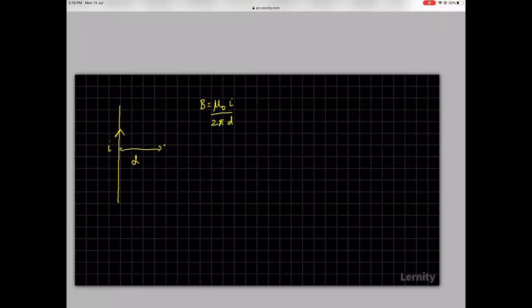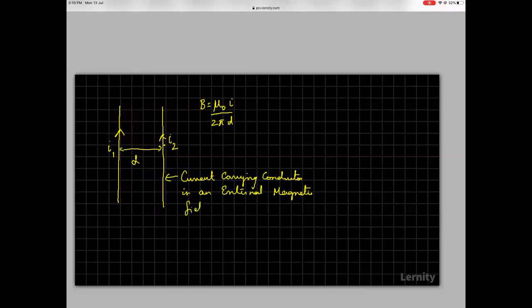Do you agree? We'll call this I1. Now, suppose there is another wire here which is also carrying a current. Let's call this I2. Now, this is a current carrying conductor in an external magnetic field.